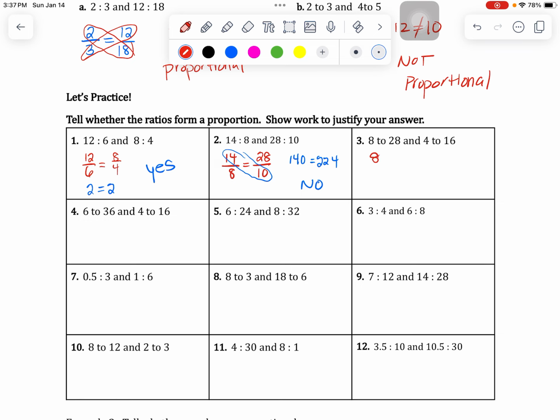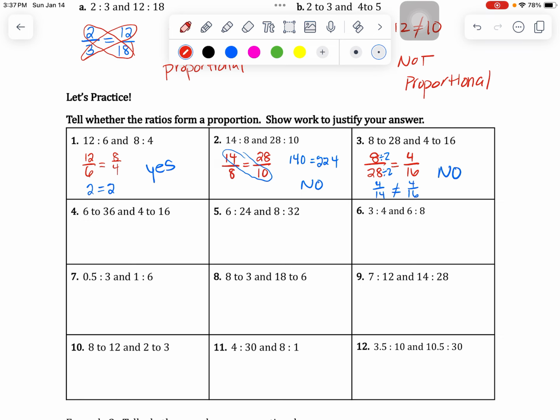The next one I have 8/28 compared to 4/16. If I simplify here, if I divide this by 2, I get 4/14, which I can see is not equal to 4 over 16, so this is not proportional.